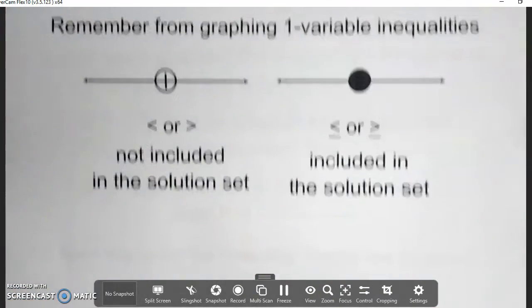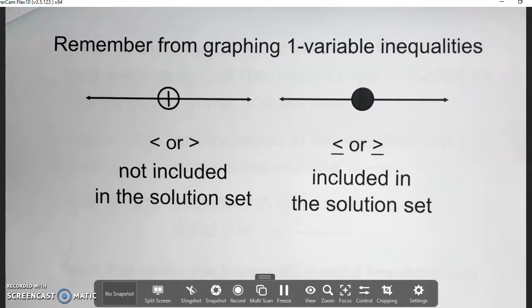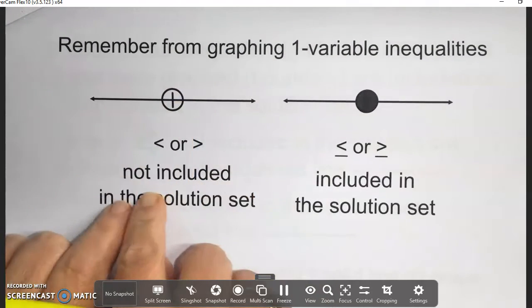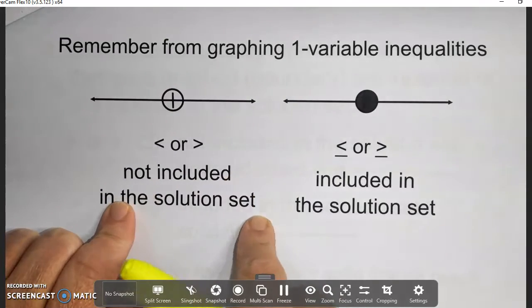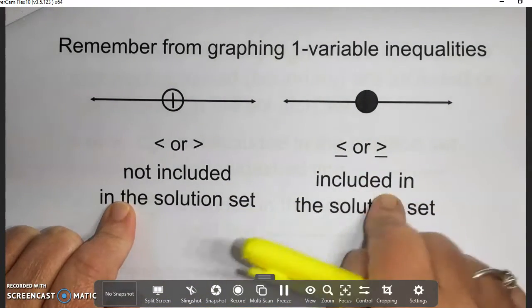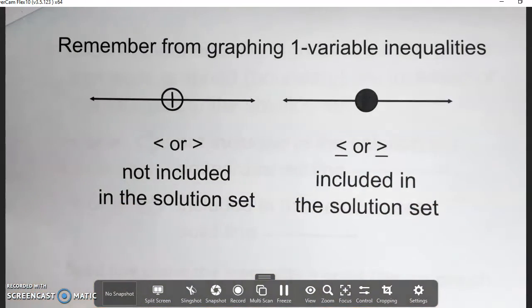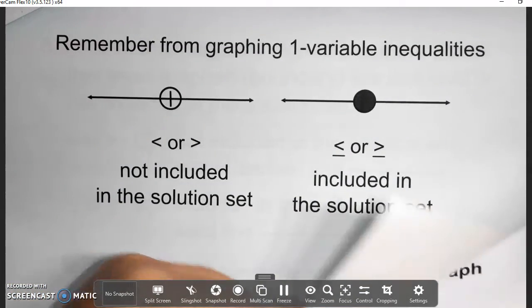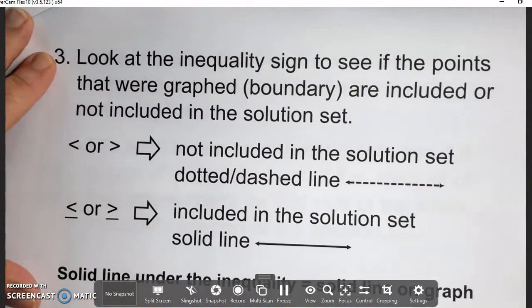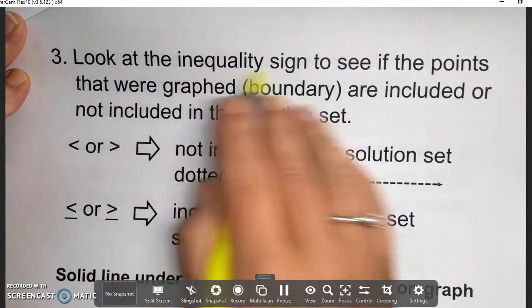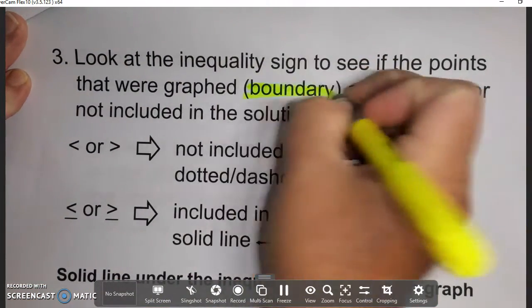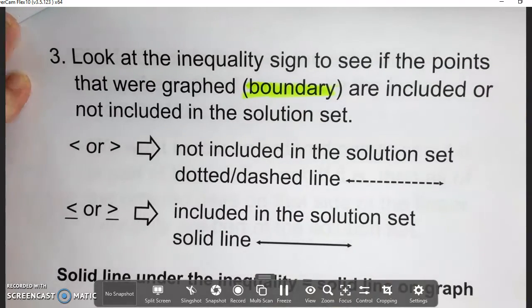So let's think about when we talked about one variable inequalities. Remember this was empty, like it was an empty circle. It's because it wasn't included. And these mean that it is included. So we're going to use kind of the same thing, except you're going to look at the inequality sign to determine if your boundary line is included or not.